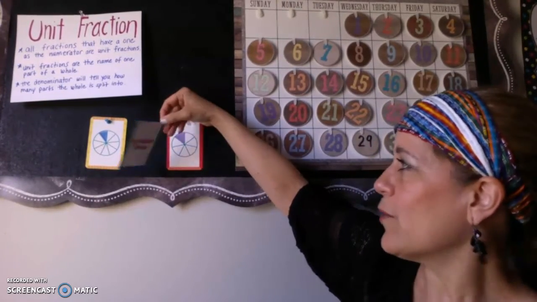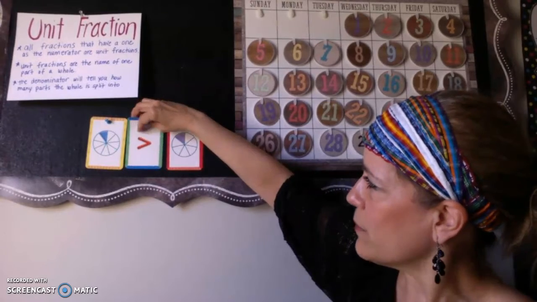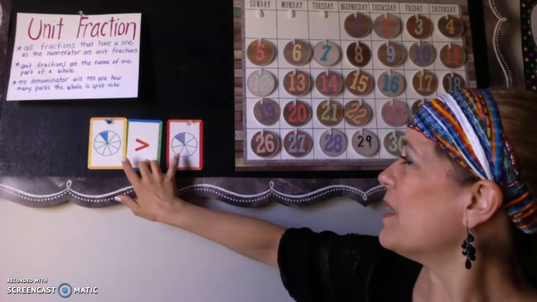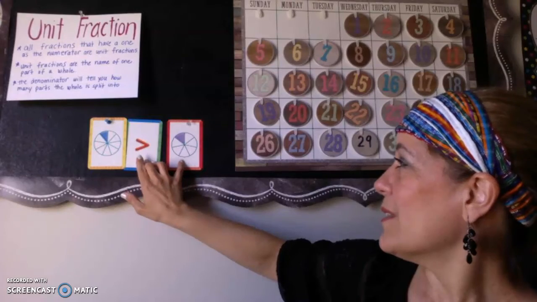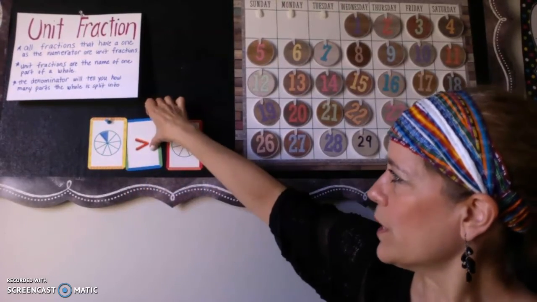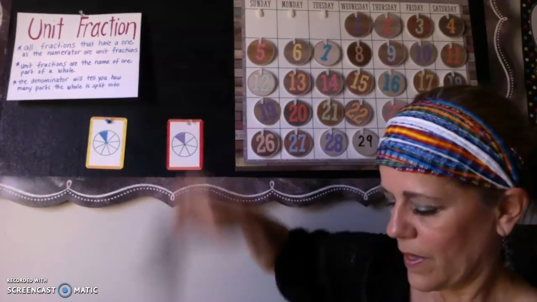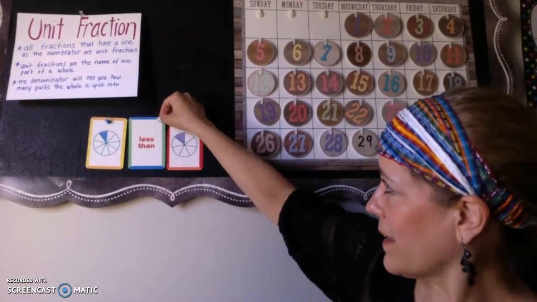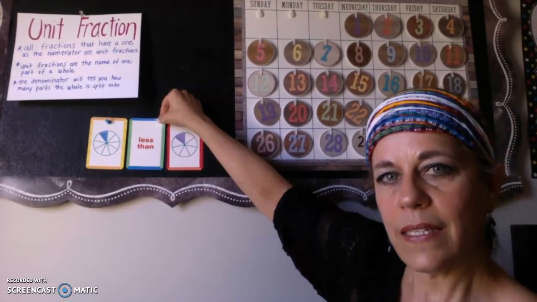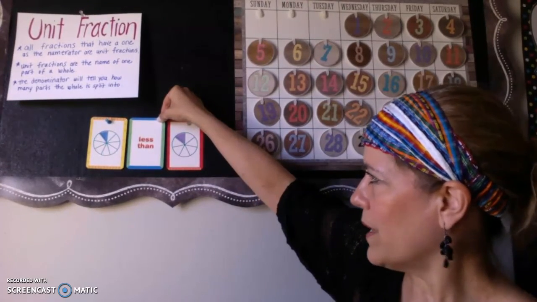No, I'm not going to say greater than, because the greater than symbol would be facing this direction. But this is bigger. 1/7 is bigger. So we're going to use less than. 1/9 is less than 1/7.